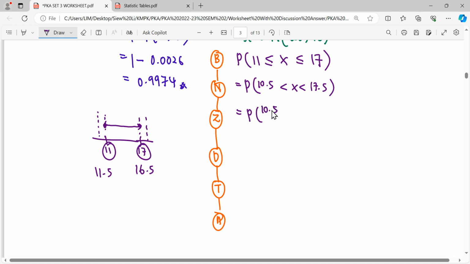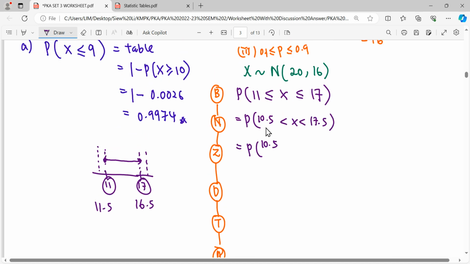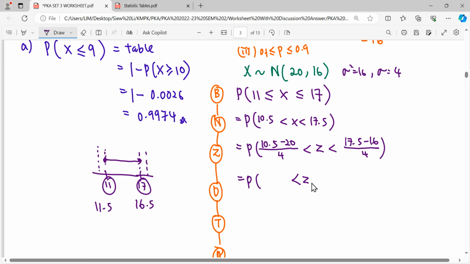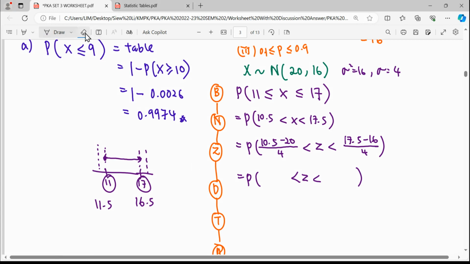Z-score is X minus mean over standard deviation. Variance is 16, so standard deviation will be 4. X will be changed to Z. Then give your z-score in 2 decimal places. So the mistake here is, supposed to minus 20, the mean, over standard deviation 4.